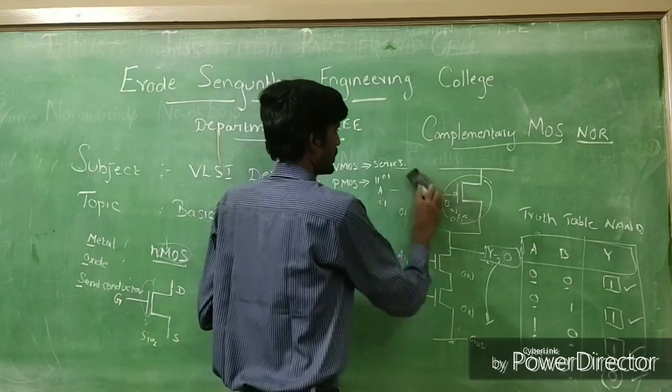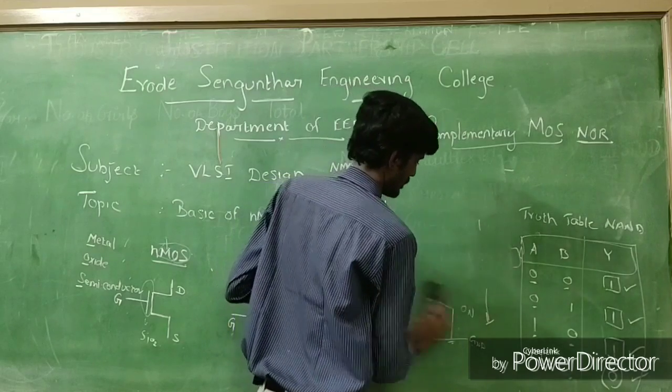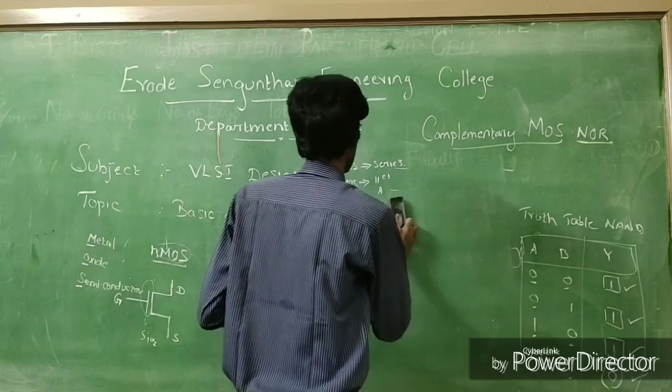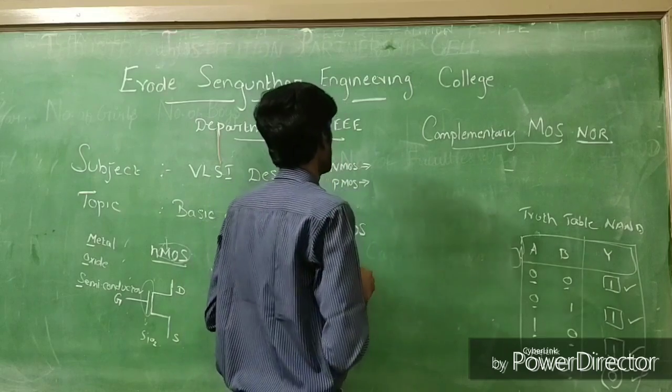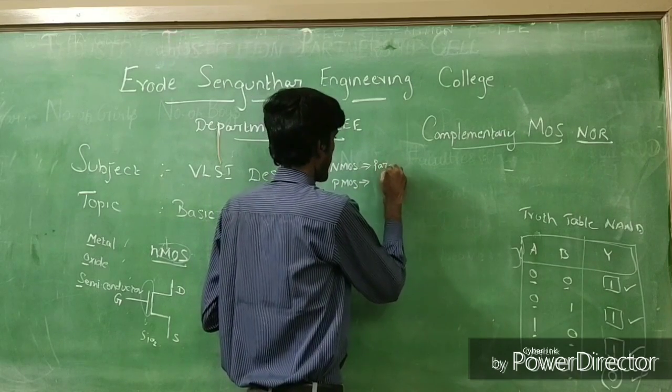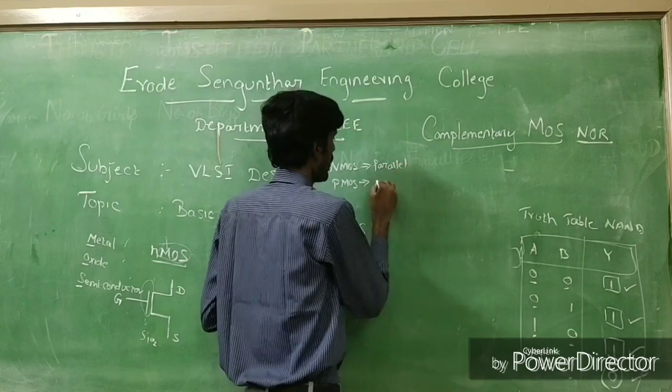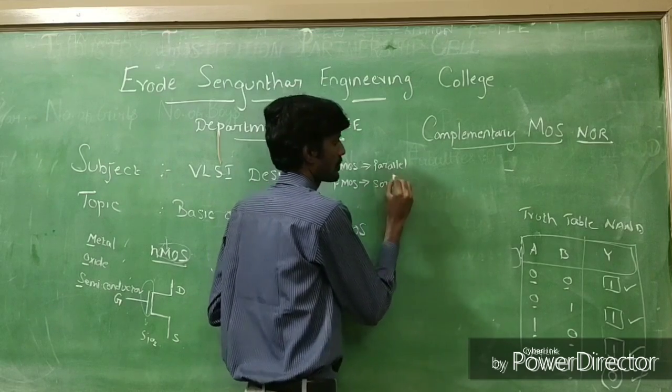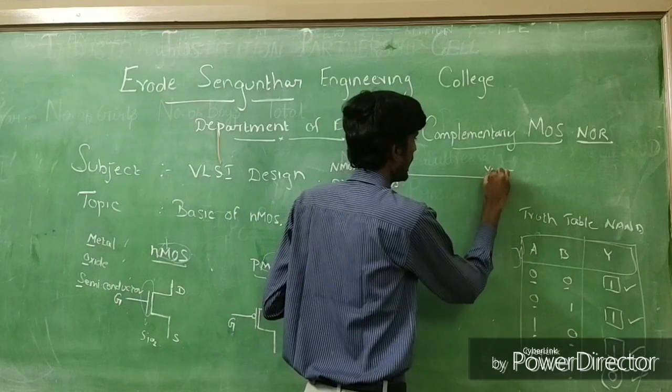So in NOR gate implementation, the NMOS is parallel and the PMOS is in series. So let me draw a diagram. This is the VDD line.